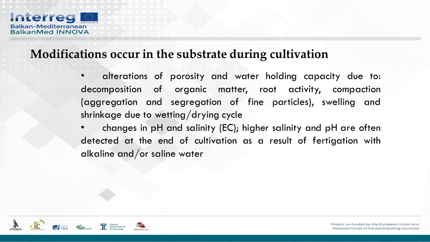Next, or secondly, in a substrate changes can happen in the pH and electrical conductivity, and normally higher salinity levels and higher pH levels are detected at the end of the cultivation, and this is a result of fertigation with alkaline or saline water or concentrated nutrient solutions, when we are using higher amounts of nutrients than the plant can absorb.